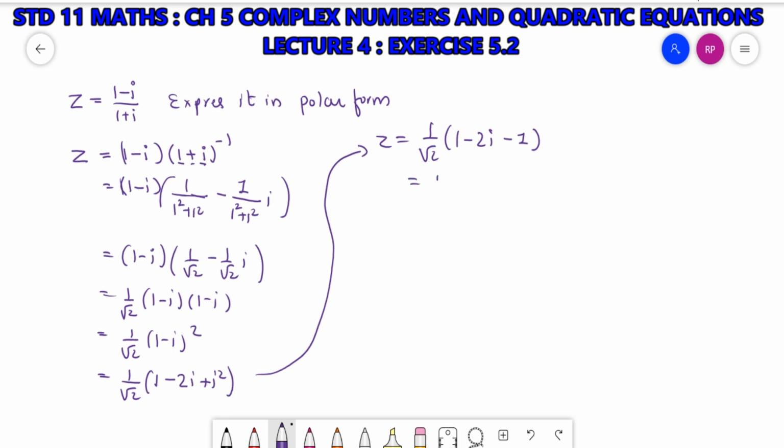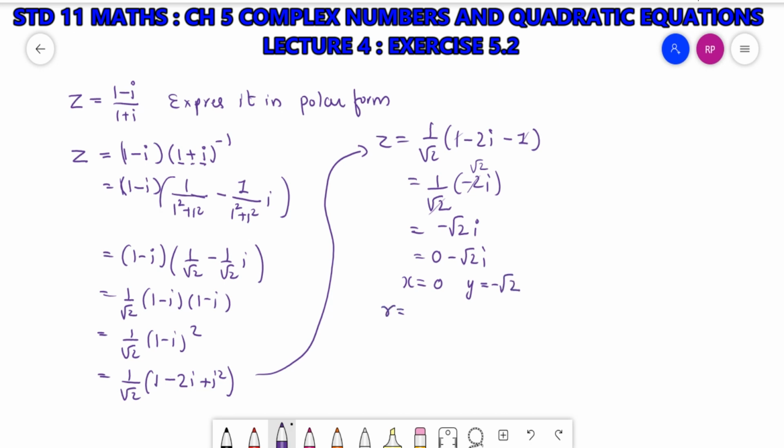So this will be equal to 1 by 2, so 1 will get cancelled, minus 2i. So this will be equal to 2 ones are 2, minus 2i. That means 0 minus i. x equal to 0, y equal to minus 1.